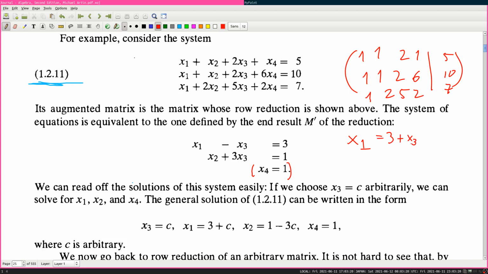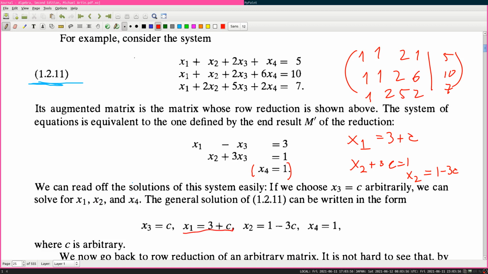If you choose c for x3, then x1 is equal to 3 plus c. And x2 plus 3 times c is equal to 1, so x2 better be equal to 1 minus 3c.